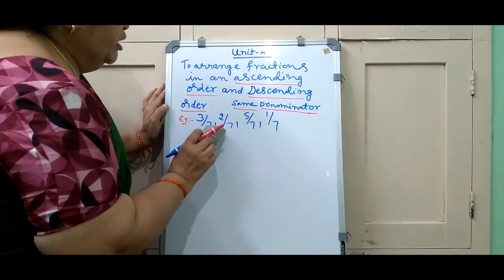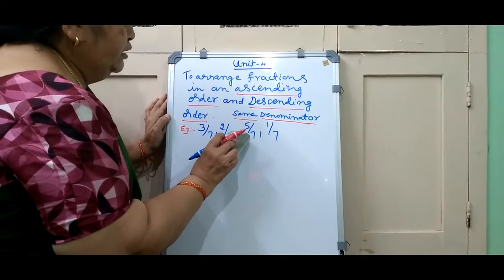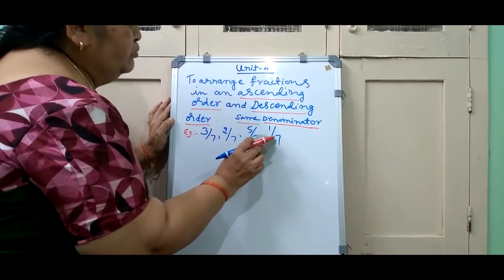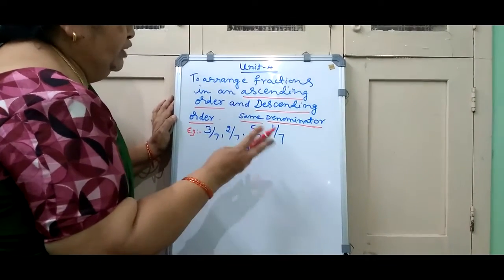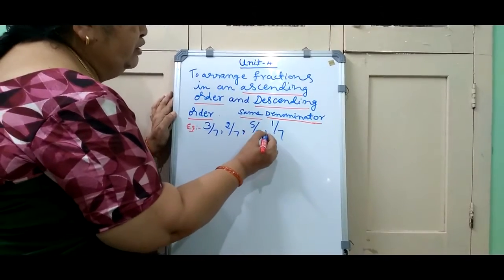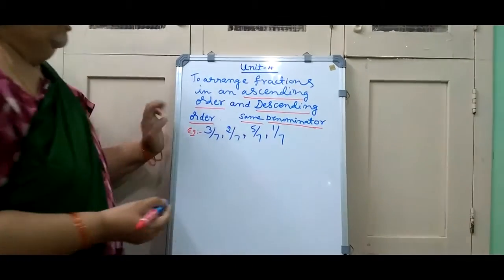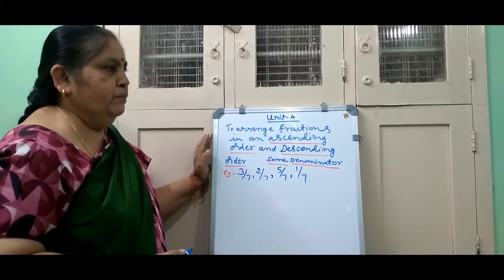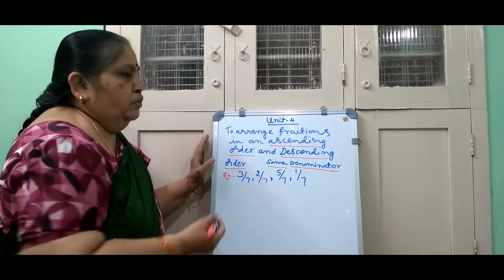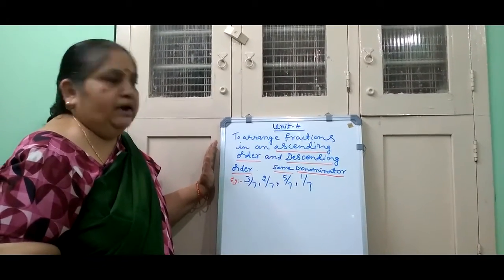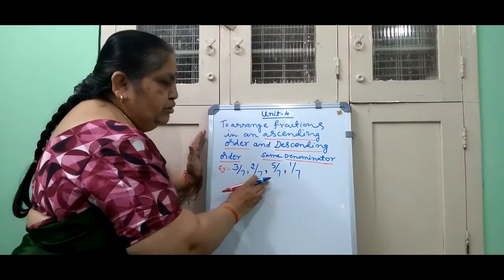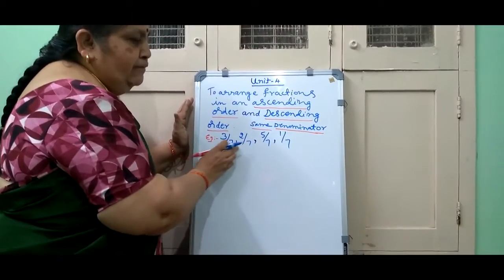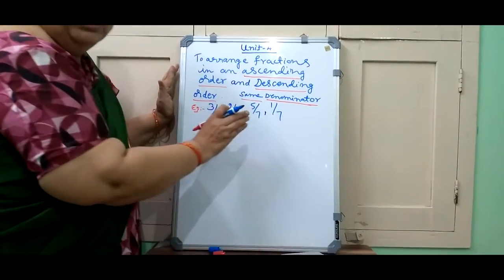The commas are just to differentiate one fraction from another. To arrange these fractions in ascending order, first let us observe the denominators. 7, 7, 7. The same denominator is there.